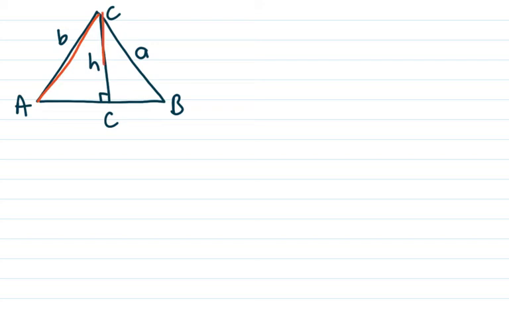I am going to use SOH CAH TOA to come up with an expression for the height for both angle A and angle B. So sine A equals, using SOH CAH TOA, sine is opposite over hypotenuse.